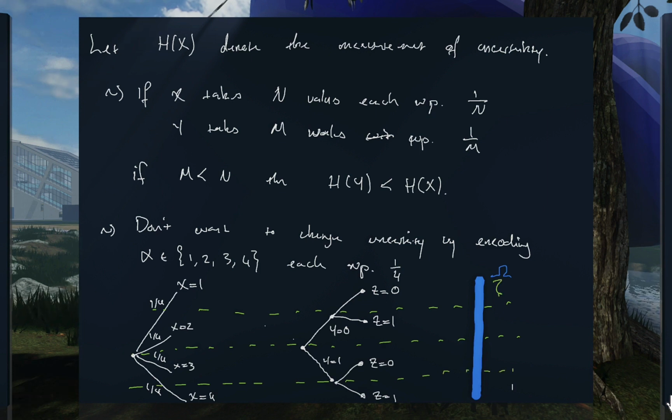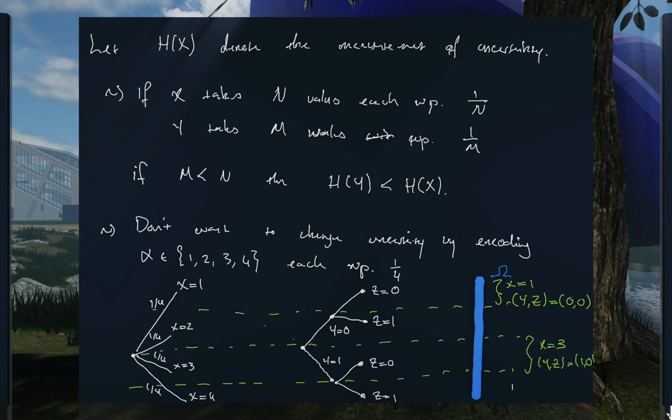Right. So this region here corresponds to either x being equal to 1 or equivalently y being equal to 0, or perhaps more correctly, the vector (y, z) being equal to (0, 0). And this region, I won't fill them all in, is x being equal to 3 and (y, z) being equal to (1, 0).